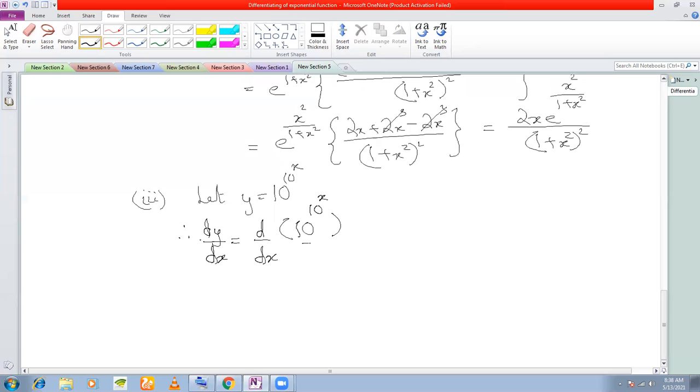Now, how will you differentiate? First, you will differentiate this, right? What is the differentiation of a to the power of x? It is a to the power of x, here 10 to the power of x, into log of the base, log a, right? Yes, sir. Into, now we'll differentiate this power.